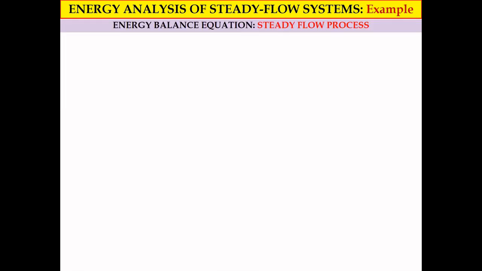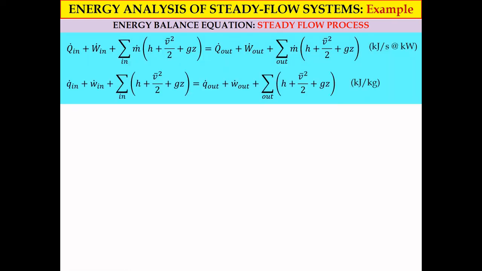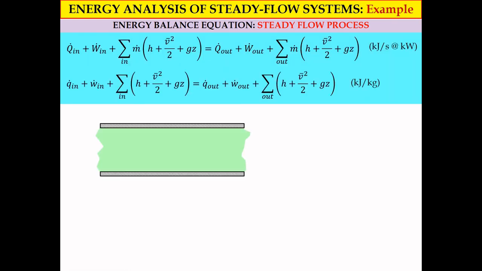Okay, so the second example, we implement the same approach where we have the same energy balance equation, but now we have a different system. We have a pipe, and the dotted red line represents the control volume, and we have mass flow rate at the inlet M1 dot, and we have an electric heating element inside the pipe, and we need to provide electrical work or electrical power in order to provide heat.